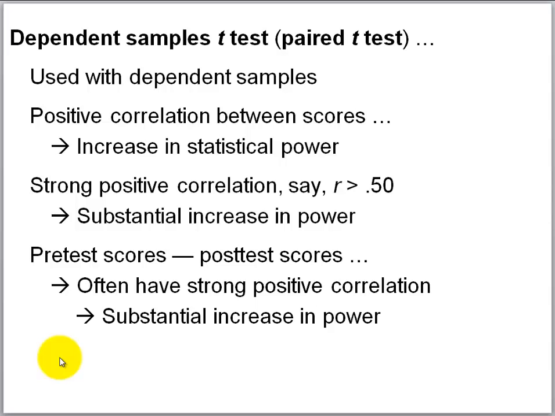You take pretest scores on a depression measure. Those scores become sample 1. The intervention is delivered. You take post-test scores. These become sample 2. Now we hope that the therapy has worked and that overall we're seeing a decrease in depression scores from sample 1 to sample 2.